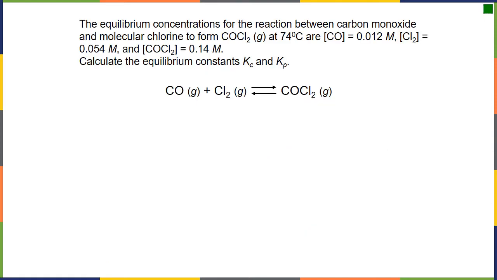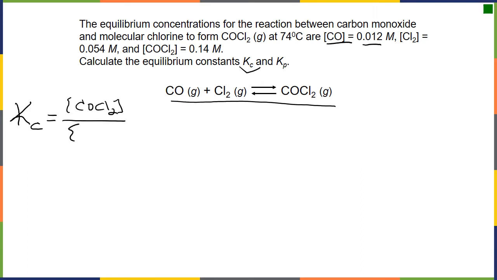So let's say that we have this reaction right here. The first thing we're going to do is write our equilibrium expression. I'm going to start with K sub C because I am given concentrations. My expression tells me that K sub C is equal to the concentration of the product, COCl2, divided by the concentration of the reactants, CO multiplied by Cl2. This is all one-to-one, so each is raised to the first power.